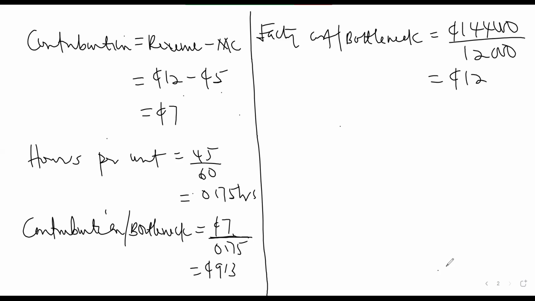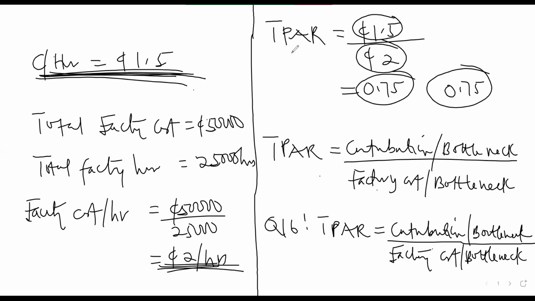Looking at this, will you go ahead to produce? This is the return per hour. This is the cost per hour. Will you go ahead to produce? No, please. But you have to do the calculation before. So 9.3 divided by 12.